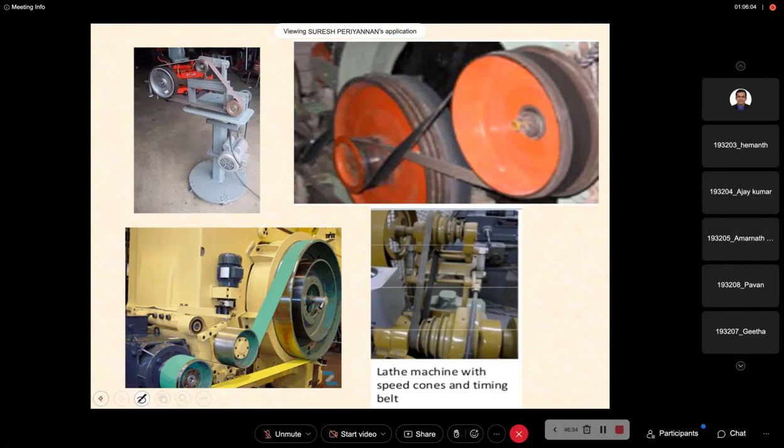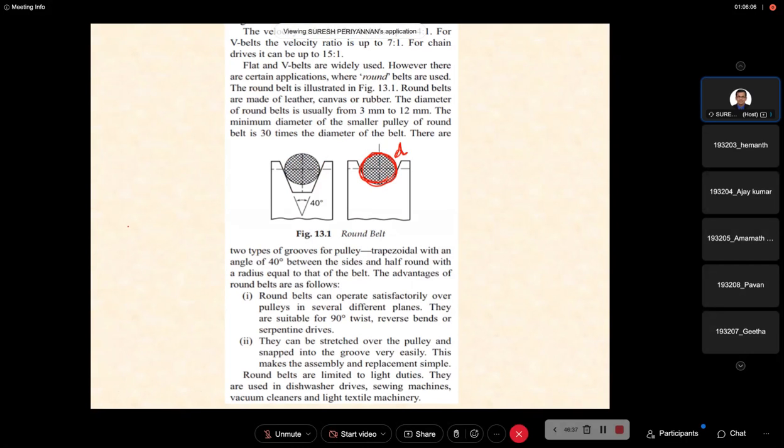Here D divided by d, where d is the round belt, round cross section. Okay.